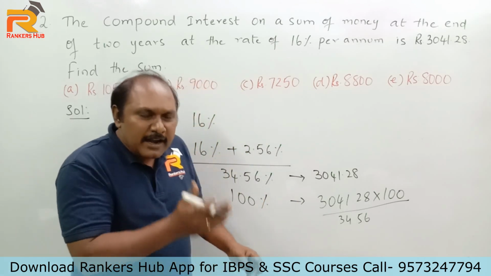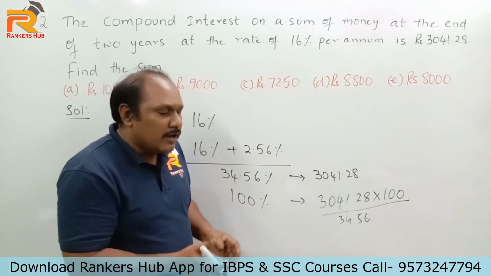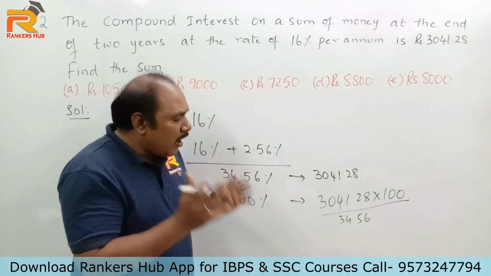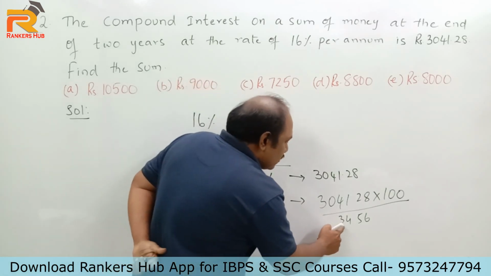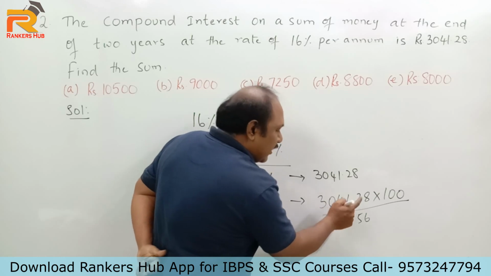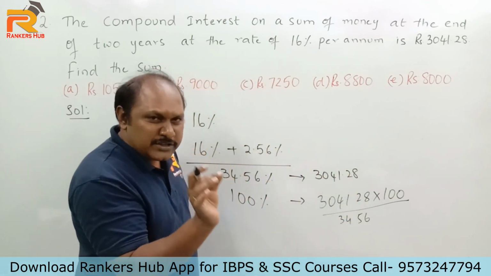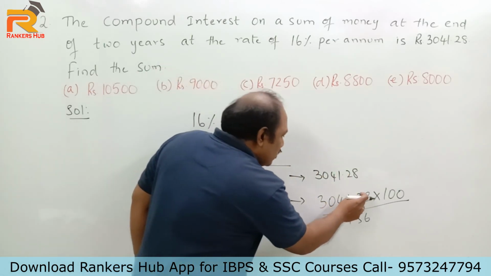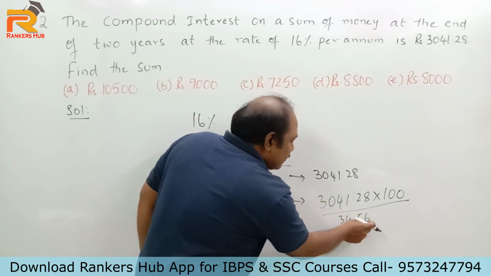Now, generally, if you start dividing by 2, 3 and so on, you will be wasting a lot of time. How to check it? Now, 3456, this is 30,412. The only thing you need to check is that this is almost nearer to 10 times of this.